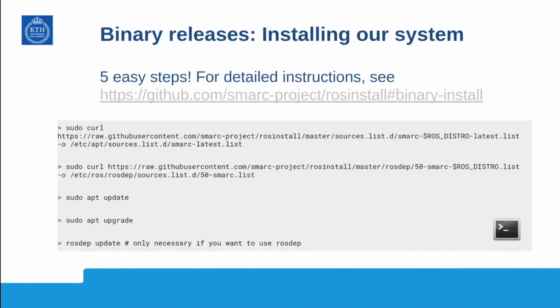Right, then the second part I'm going to talk briefly about is that we now, since approximately half a year, have binary releases. You can very easily install the SMaRC system and run all the simulators and everything. This enables basically everyone within the SMaRC project to run our code very easily.